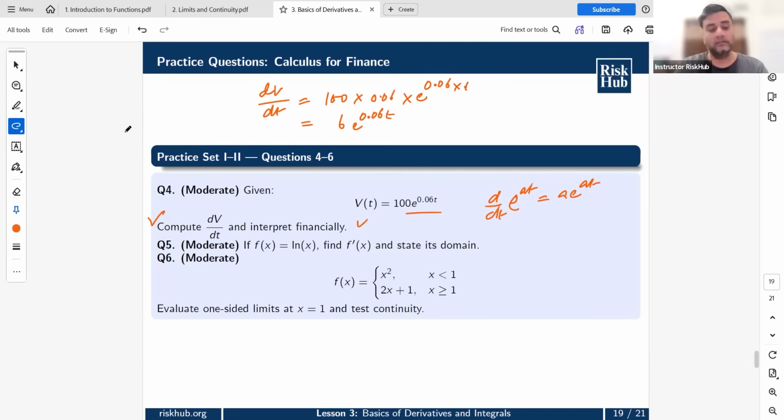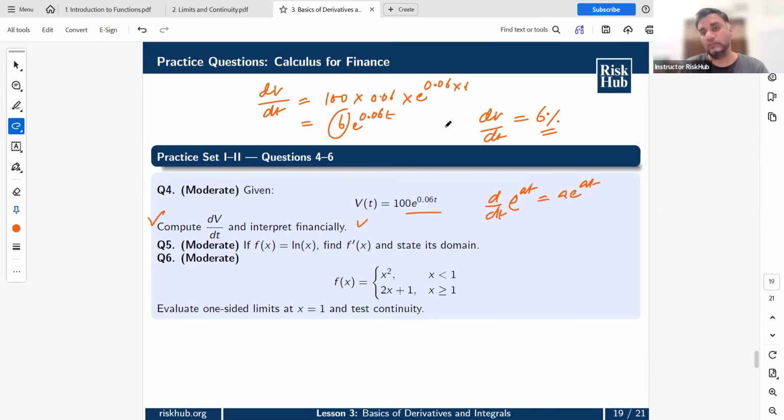For the financial interpretation, the portfolio grows proportionally to its current size, because the growth rate is 6%.